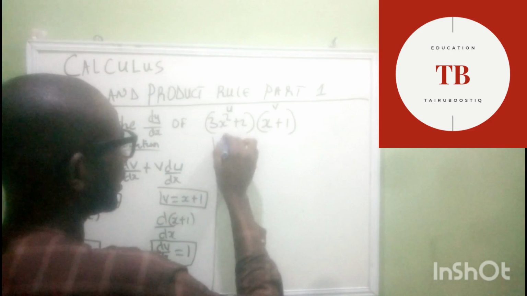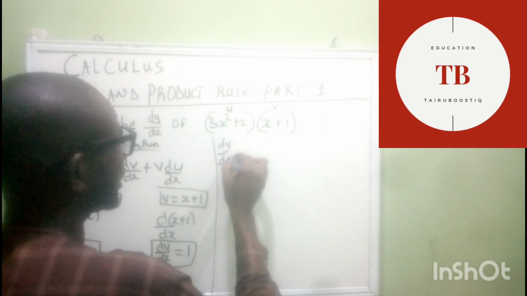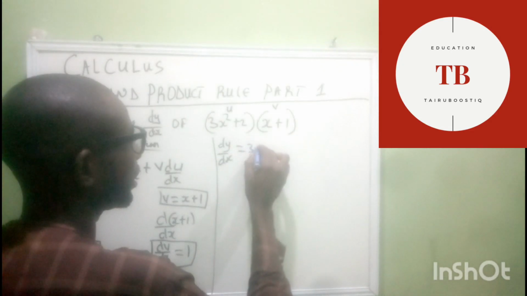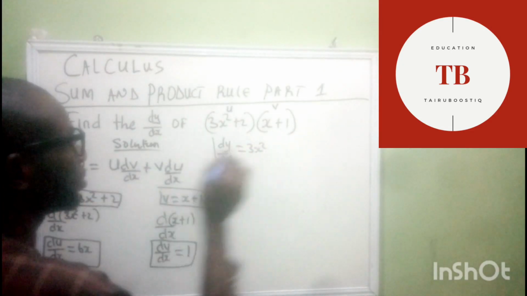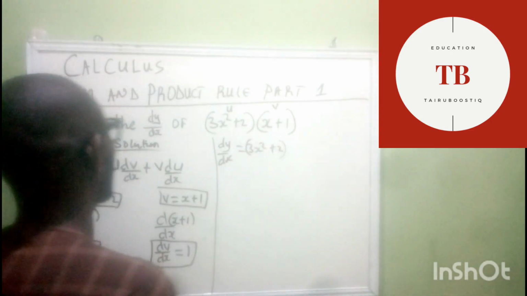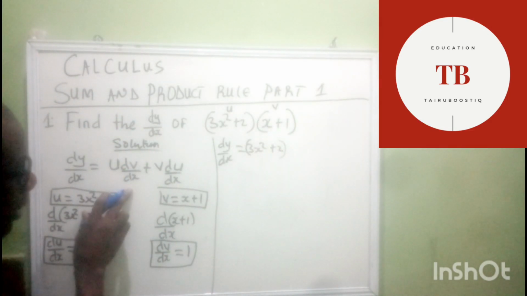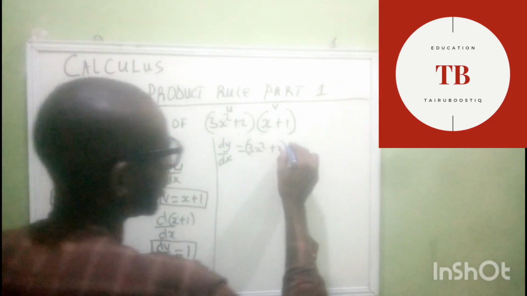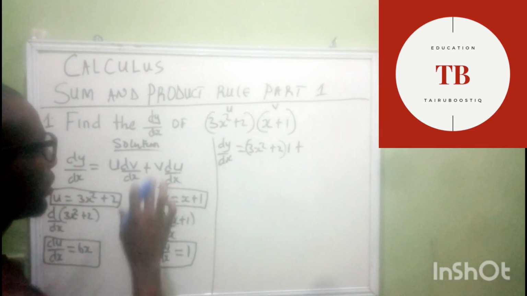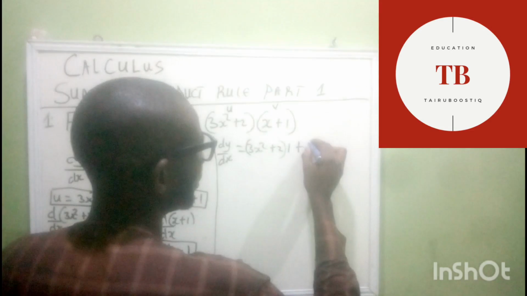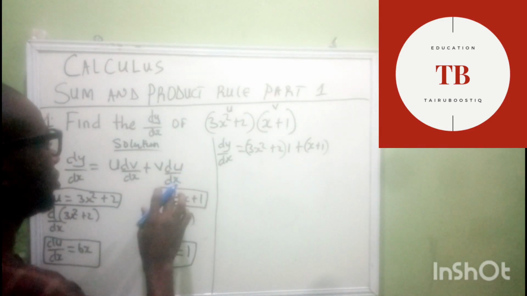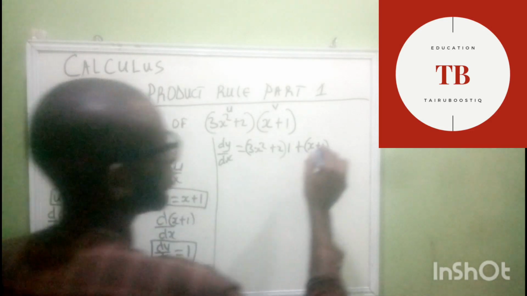So that means our dy/dx now is equal to, what is our u? Our u is 3x squared plus 2. We close our bracket. What is our dv/dx? dv/dx is 1. We now put our 1 there, we put plus. What is our v? Our v is x plus 1. And what is our du/dx? Our du/dx is 6x.